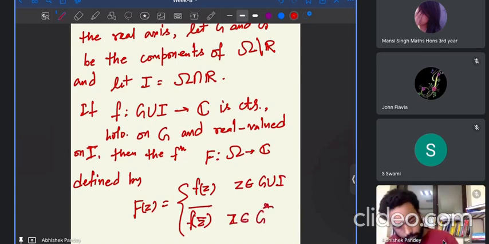Defined by this, it is holomorphic. I mean, we can extend f to capital F.